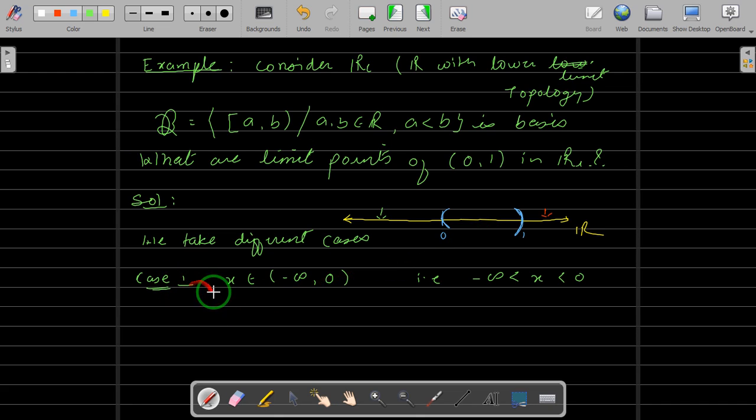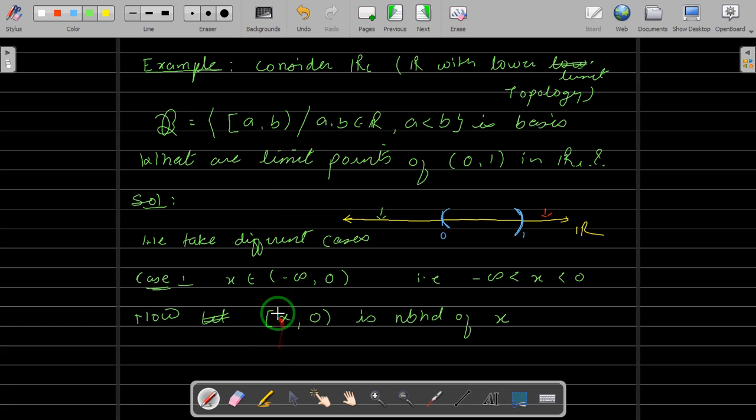So let me write that x belongs to this. Let us take the neighborhood. Whatever x you have, take this x here, and let us take [x, 0). For any point x, this is a neighborhood of x, because this is how you define it.